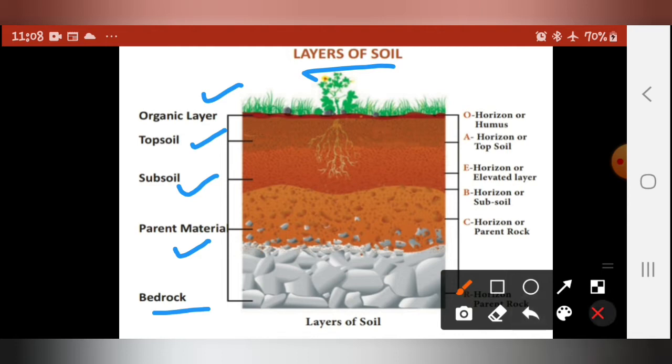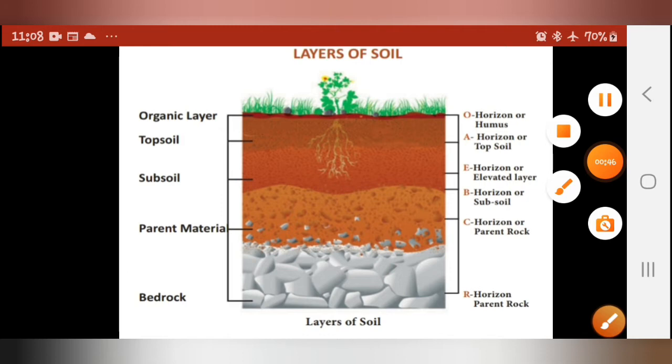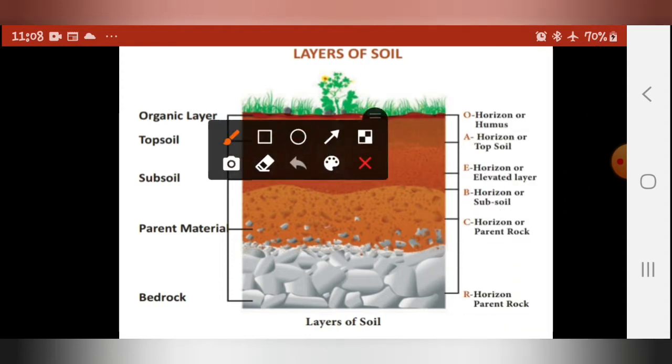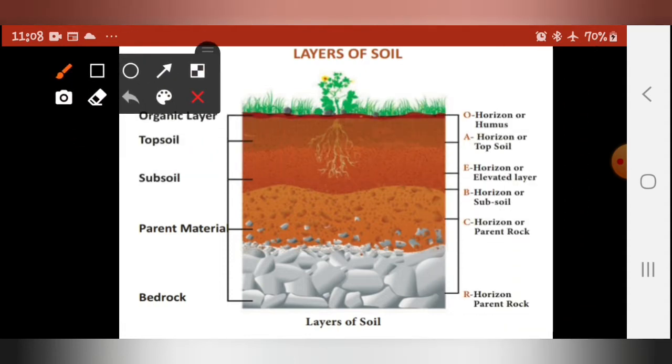Next, on this side we can see: O stands for horizon or humus. Next, A stands for horizon or topsoil.